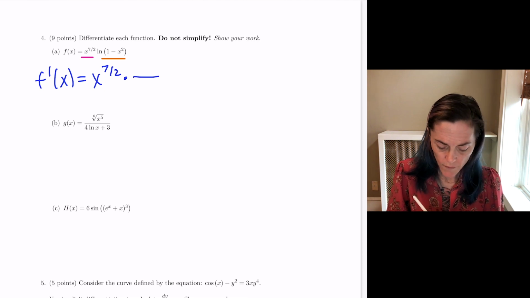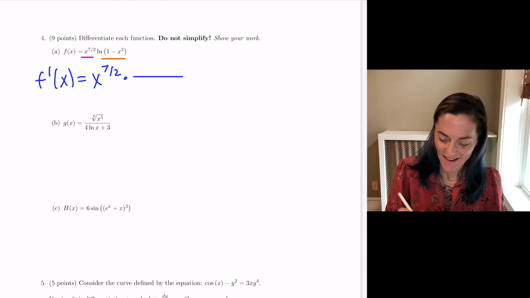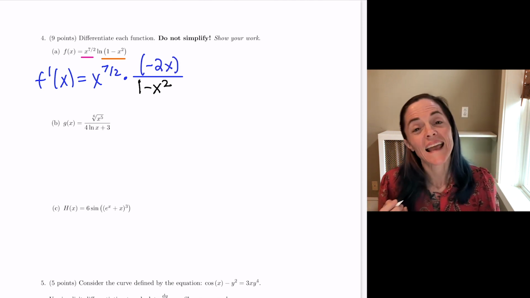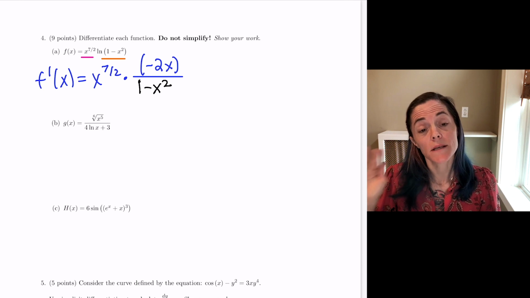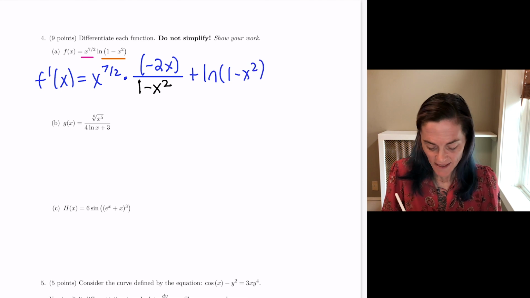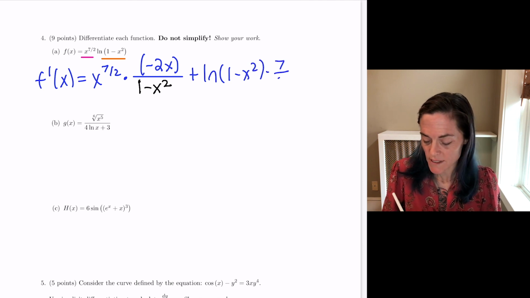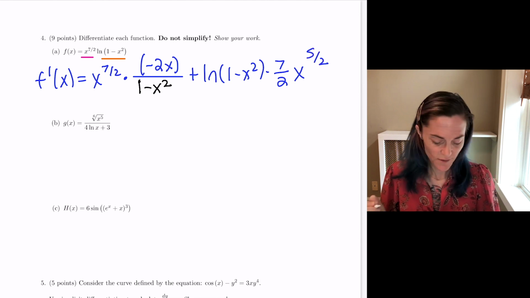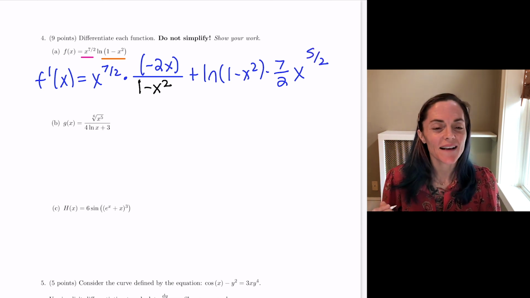So we have derivative of the outside evaluated at the inside times the derivative of the inside function. So far I have first times derivative of the second, then I put a plus, we have second, and then times the derivative of the first, 7/2 x to the 5/2. Here's f prime of x.